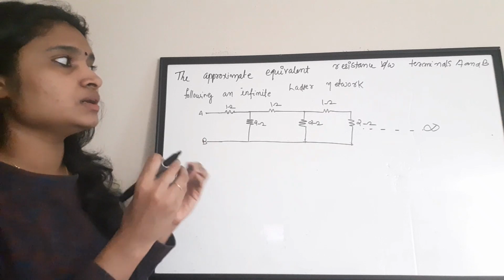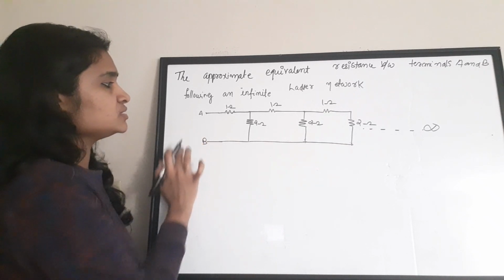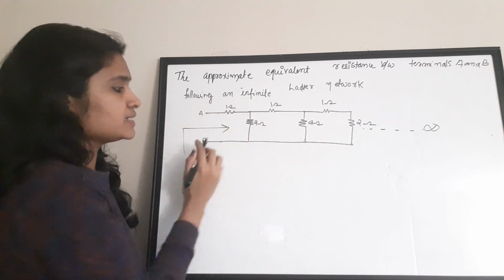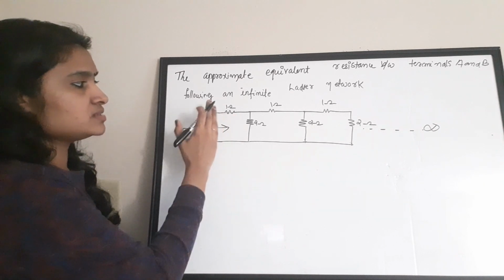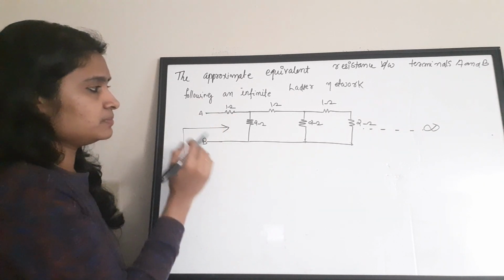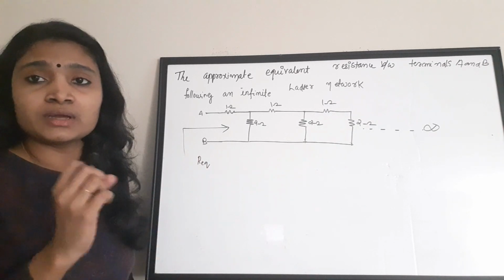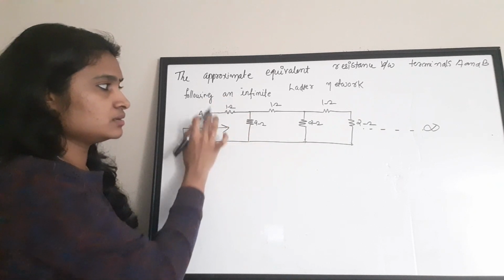Just use your logic. I'm going to find the equivalent between these two terminals, and I'm going to call that equivalent Req. Let the equivalent resistance between the terminals A and B be Req. What is the normal procedure of doing such a question? First, we see the 1 ohm.